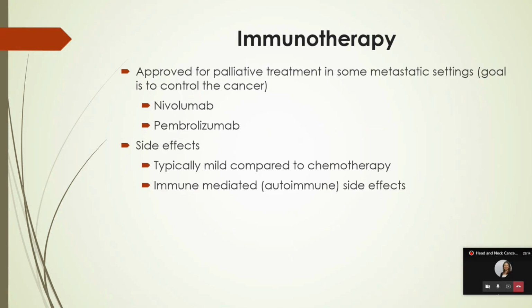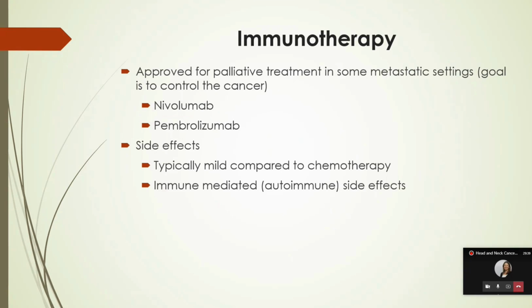Immune therapy is a treatment for head and neck cancer, and it is approved for palliative treatment, so in patients when a curative treatment may not be an option. The goal, again, is to control the cancer. There are several different types of immune therapy that we use, nivolumab and pembrolizumab. The side effects with these immune therapies tend to be more mild compared to chemotherapy.